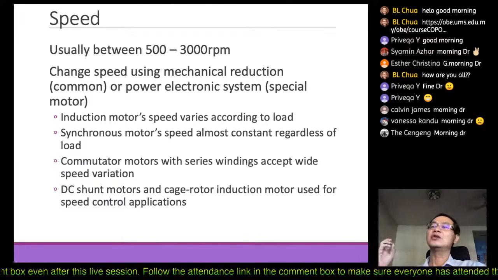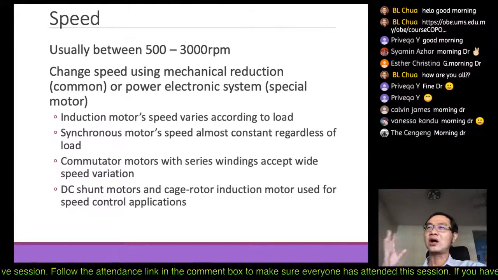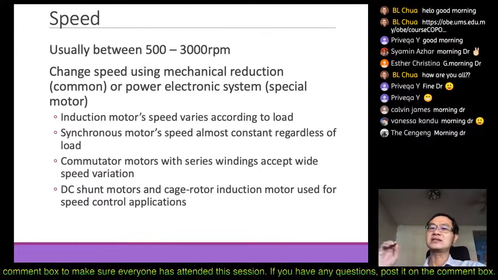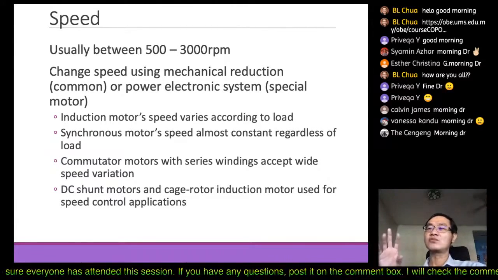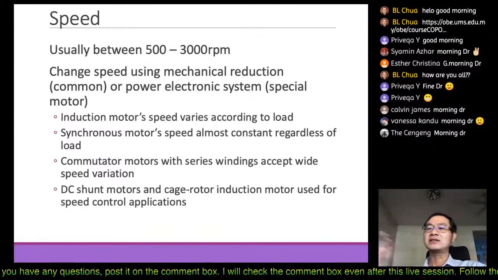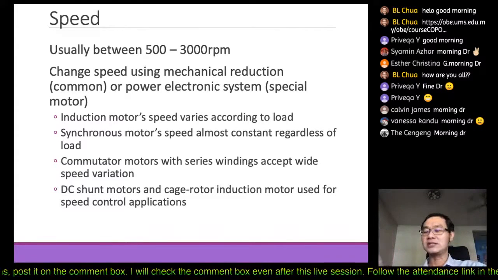So the motor comes with a rated torque, rated power, and rated speed. Based on this, you can start to select according to your system.